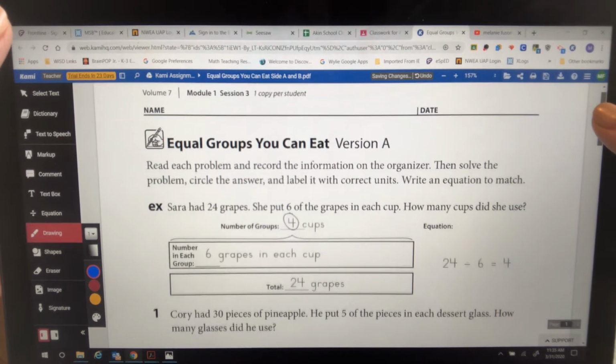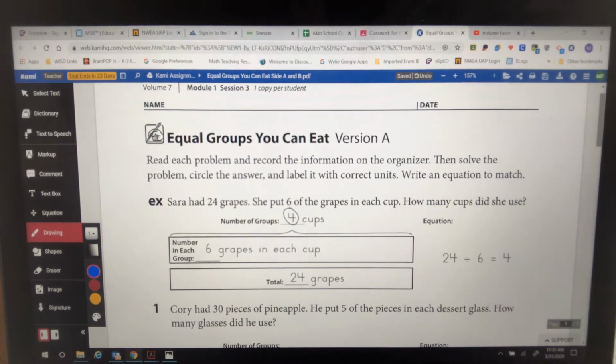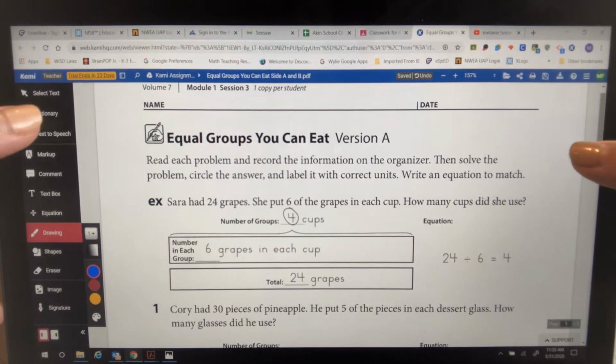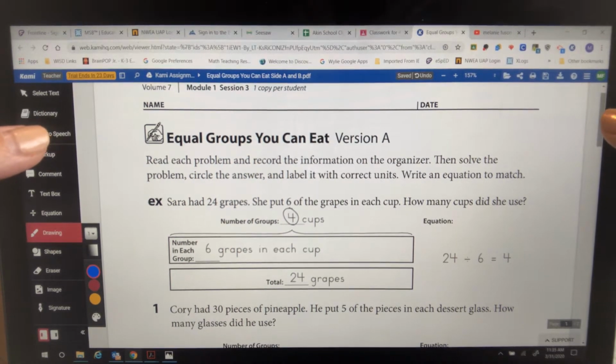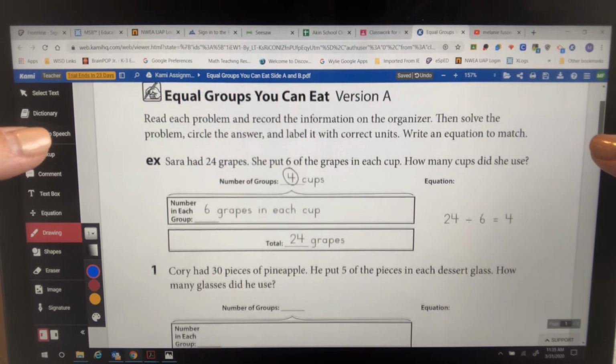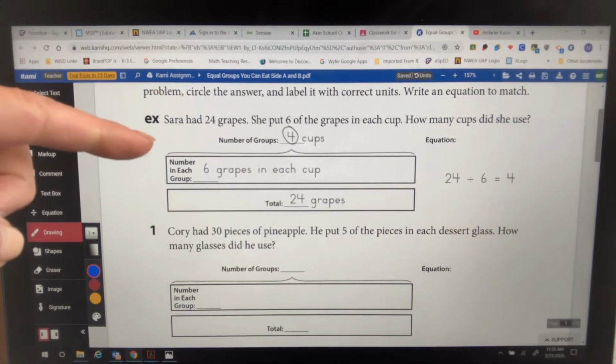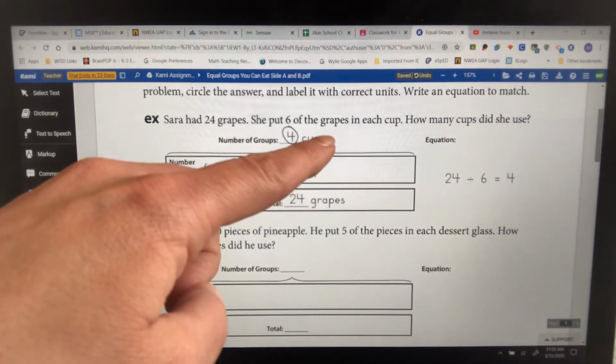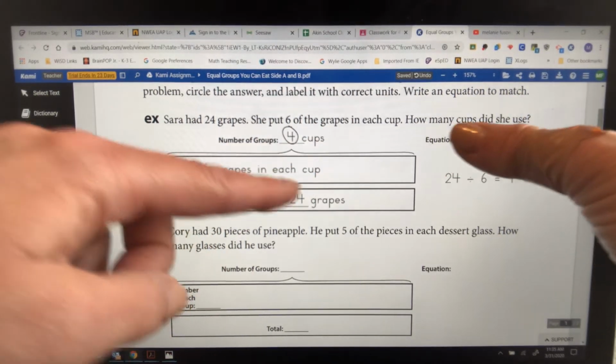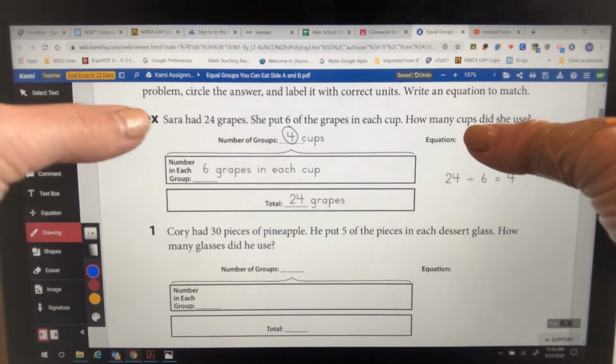The directions say to read each problem and record the information on the organizer. You can look at the example, then solve the problem, circle the answer, and label it with the correct units. So in the example where Sarah had 24 grapes and she put 6 of the grapes in each cup, we want to know how many cups she used.